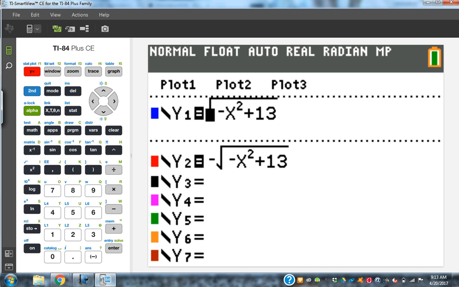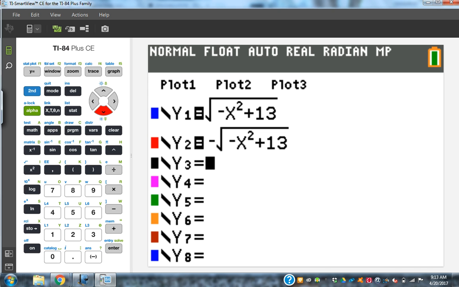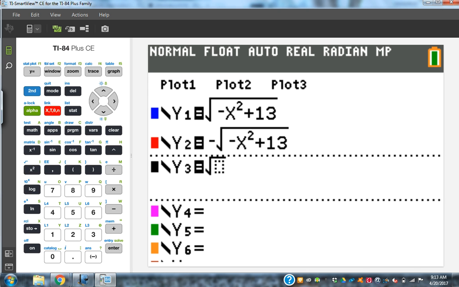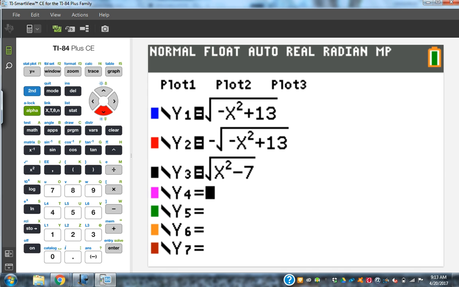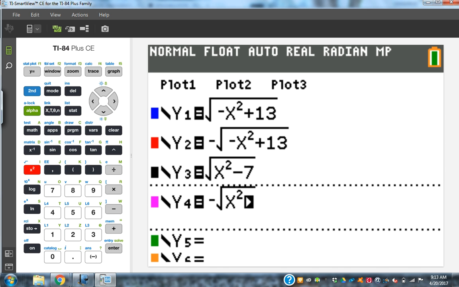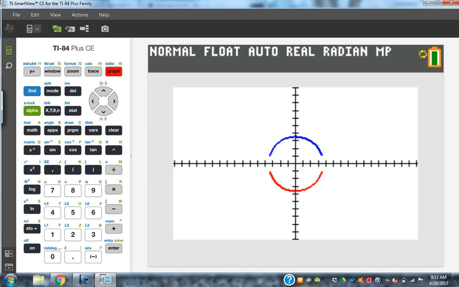The big picture is what we need at the end. So graph the positive and negative square root of x squared minus 7, and then the negative square root of x squared minus 7.